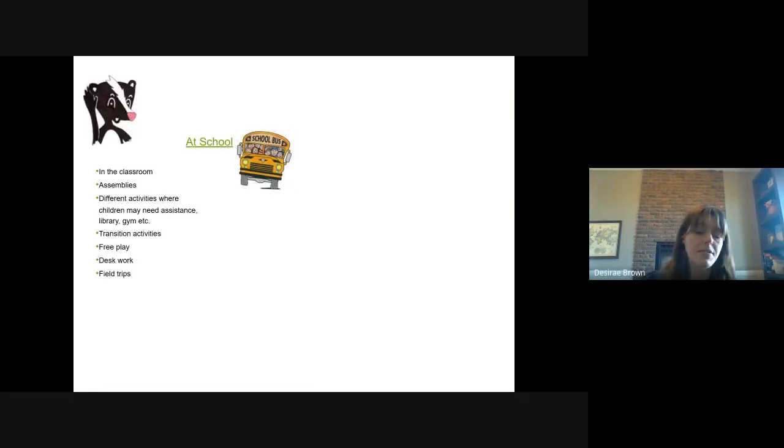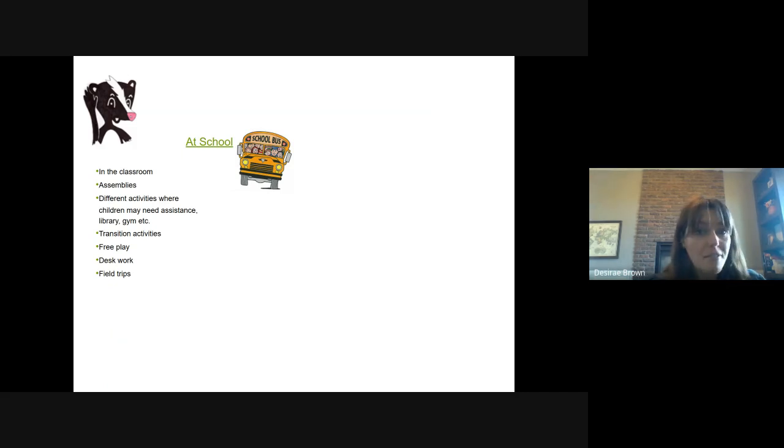So at school, there's lots of times where we try and integrate visuals in the classroom, such as having the visual schedule of this is what's going to happen during our day. There's lots of different visuals for different topics that some teachers might have. So maybe they're doing a certain science unit and they have pictures of those important science things, or in social, they have a map with some key things highlighted.